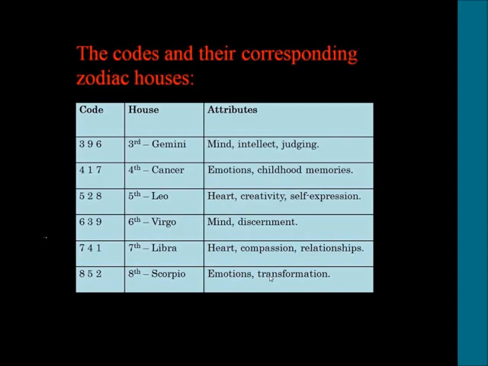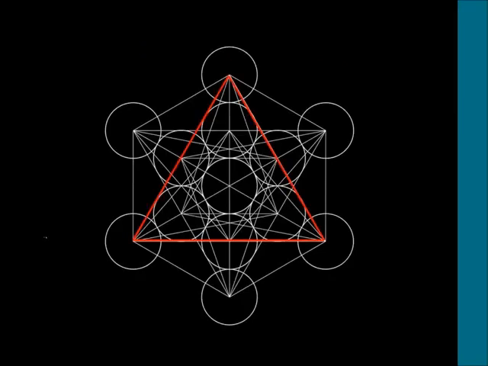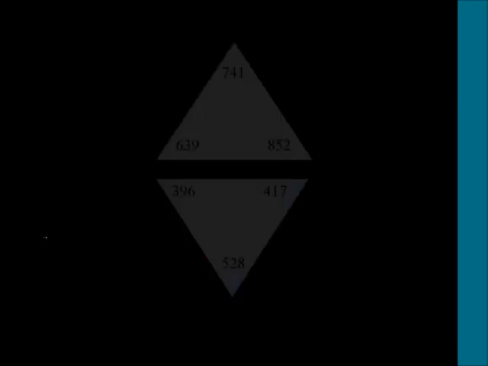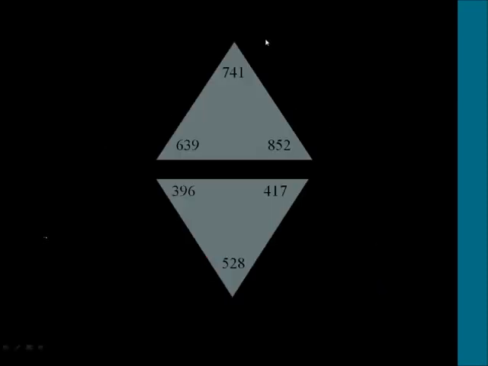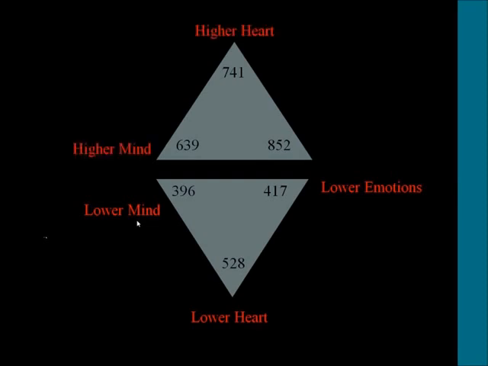And so this gives us a sense, again, of the higher mind, the higher heart, the higher emotions, and also the lower mind, the lower heart, and the lower emotions. And if we put the numbers to it, like we just talked about, again, we find the lower mind, the lower emotions, the lower heart. We have the higher mind, the higher heart, and the higher emotions.